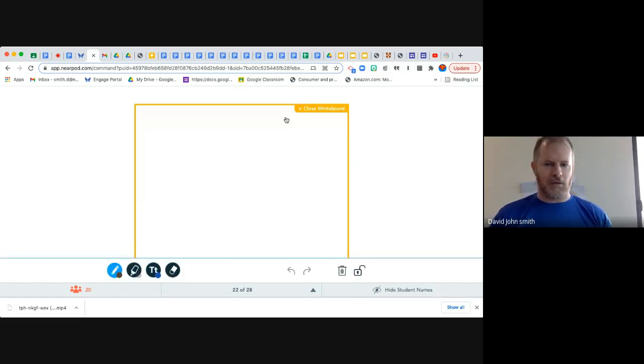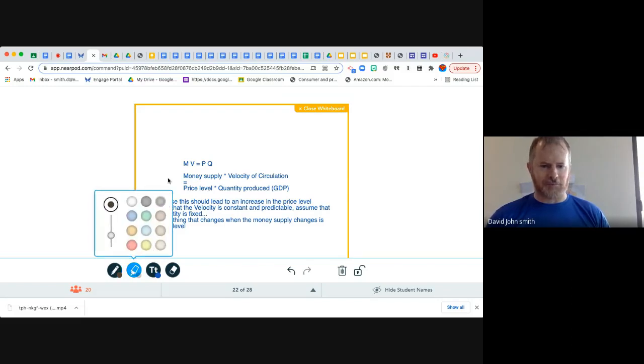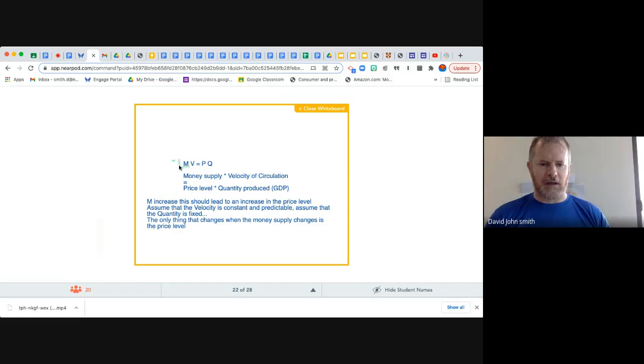So if we just do this very quickly, here we go. Oh, there it is. All right. So if, where's my highlighter? All right. So if we have M increasing here, then what we want to do is we want this overall equation to equal the same level as that side increasing.